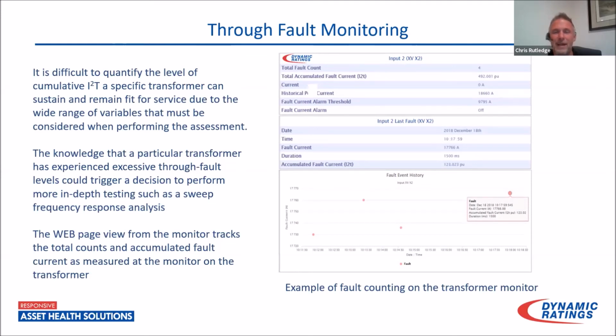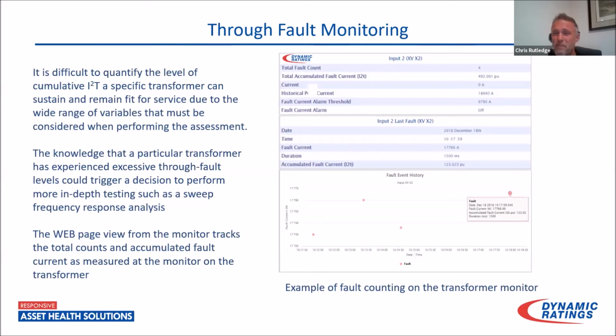Recommendations on this, and as I mentioned earlier, you can't really see it with offline power factor testing. My recommendation recently, after looking at some numbers on this, is maybe take the top 5% of your fleet, the units with the highest level of through fault exposure, and when you get them offline and run that power factor test, maybe run an SFRA test on that top 5% to see if you had any of these mechanical changes.